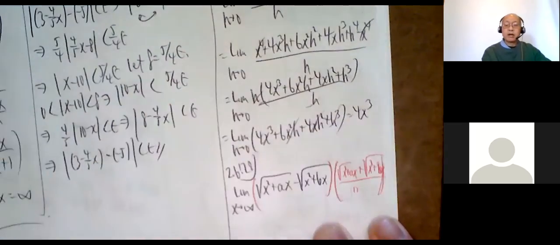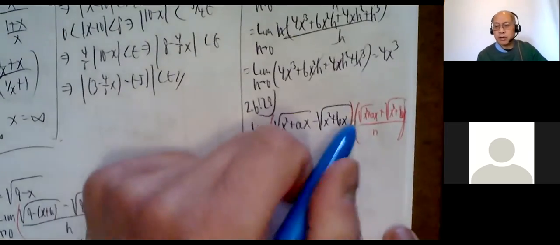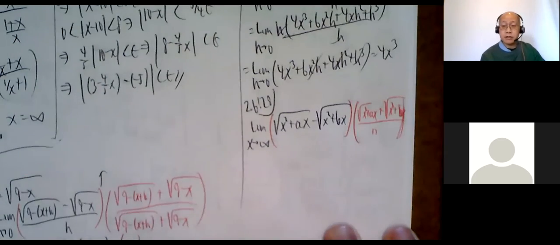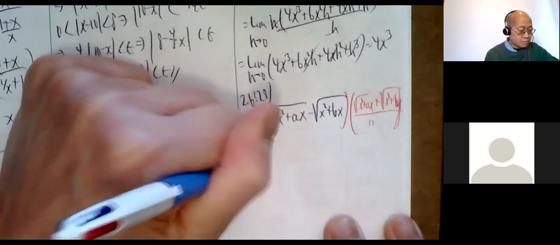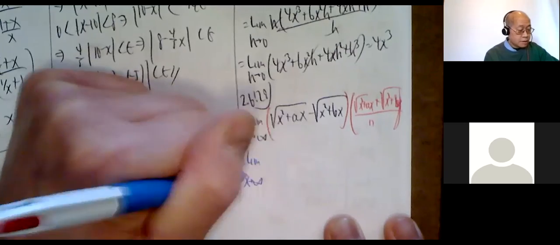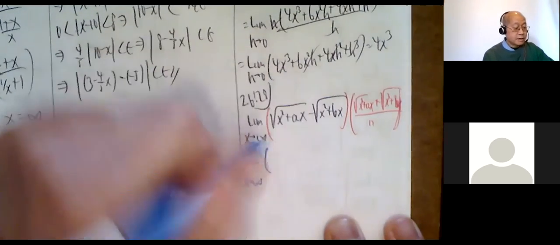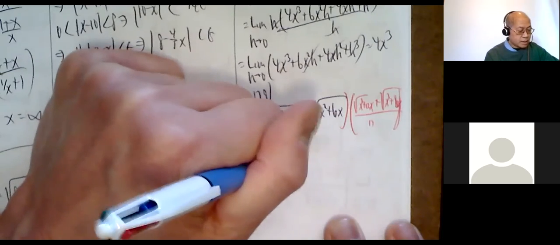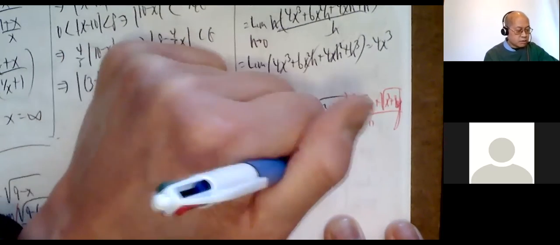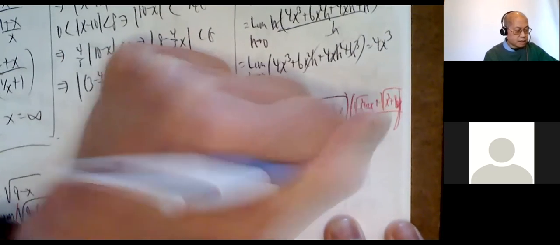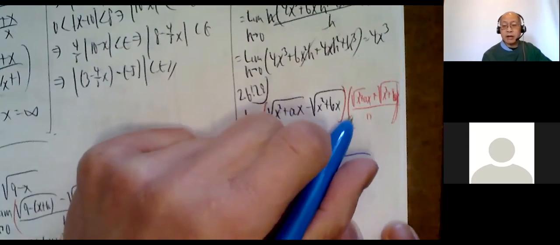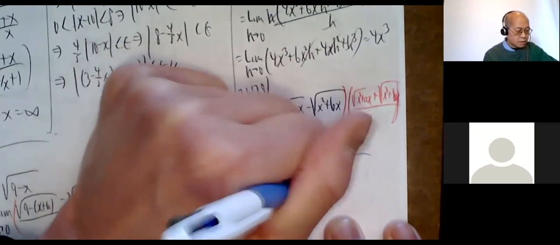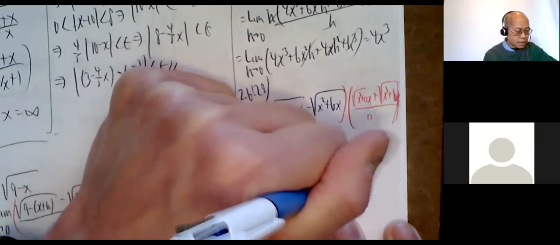Sorry, I'm saving time and I'm not letting you do this on the test, but I'm doing it to save time. Ditto marks, same thing top and bottom. I know I'm setting a bad example. So x squared plus ax minus x squared plus bx all over the denominator, which is radical x squared plus ax plus radical x squared plus bx.